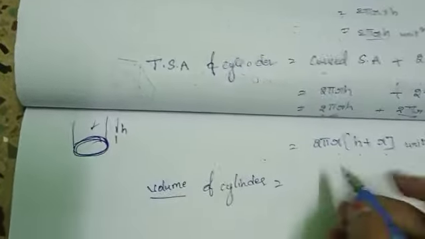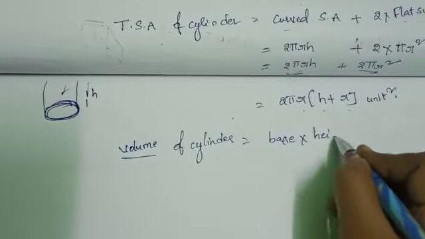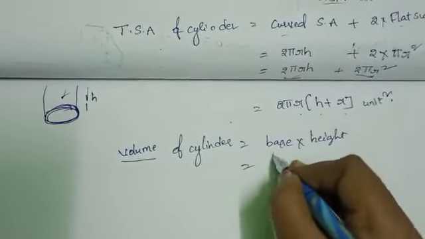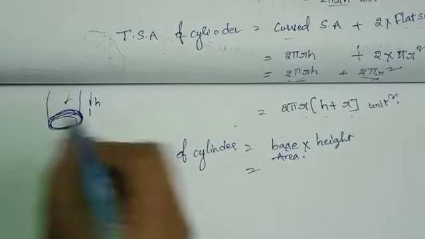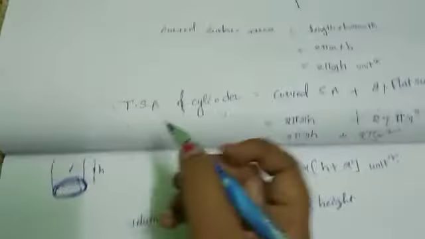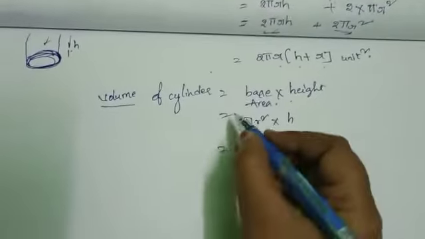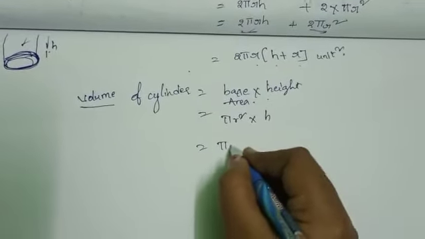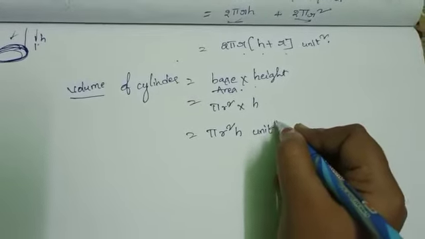Base area looks like a circle. So pi r square. Height of the cylinder is h. So therefore volume of the cylinder equal to pi r square h. Units cube.